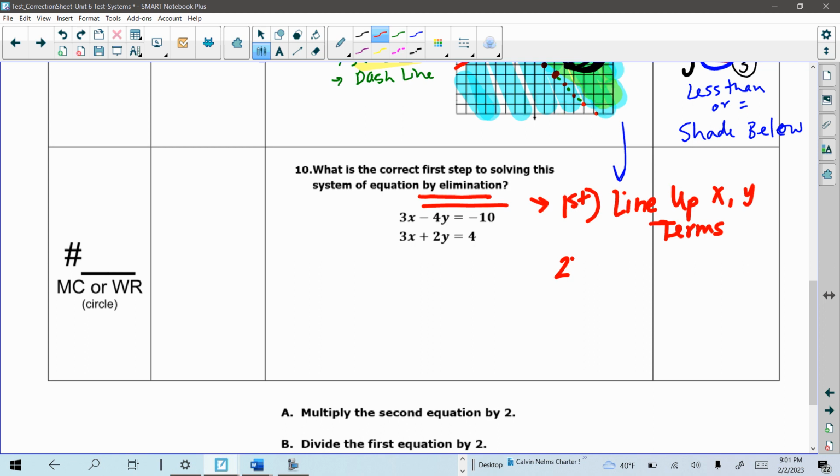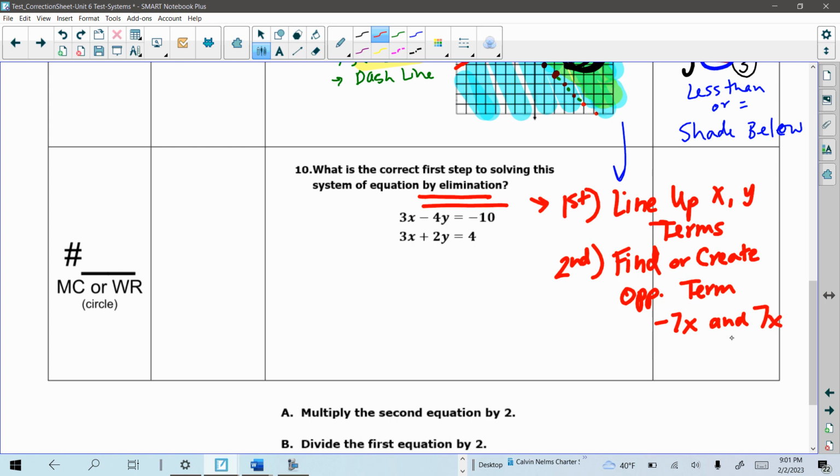The second thing we have to do is find or create opposite terms. This was on our puzzle notes for day 2. The example that was on your notes was a negative 7x, and the opposite of that is a positive 7x.